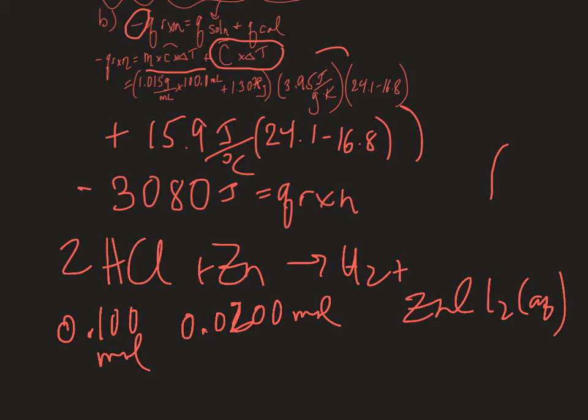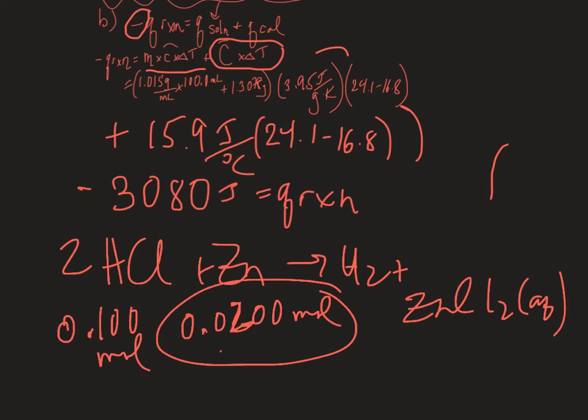So what's clearly the limiting reagent is going to be the zinc. And so the zinc runs out first, because I definitely have 0.1 moles of HCl, but I need double the zinc's moles, and then the zinc is gone. So I've reacted 0.02 moles of zinc and double that of HCl.